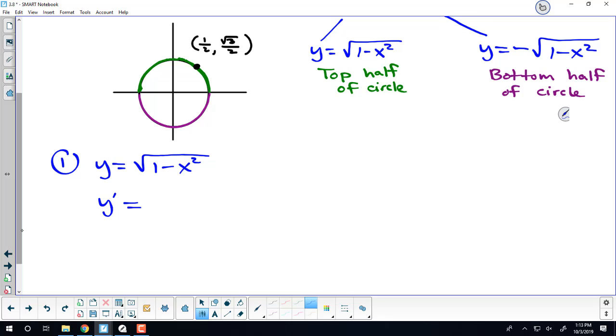You're right, so chain rule. You've got 1 minus x squared to the 1/2. So we use the chain rule: take the derivative, the power comes down, the inner function is left alone, and then we multiply by the derivative of the inner function.